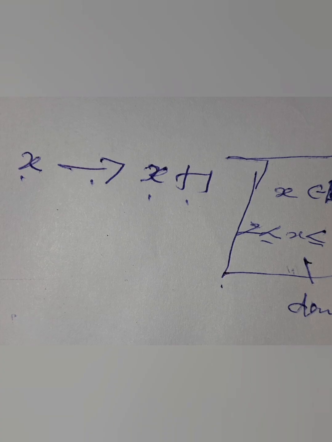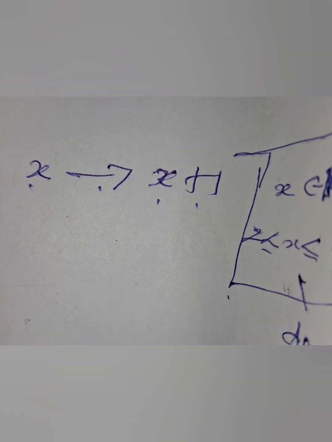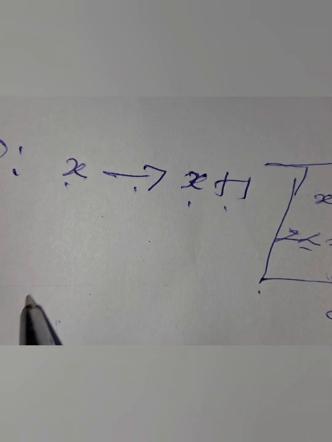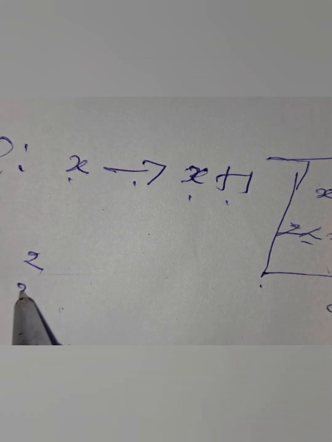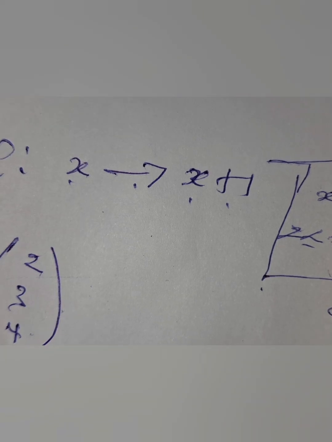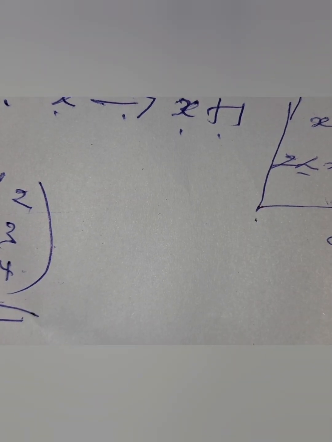Now, just taking the integers part, here we're going to have, let's say, 2, 3, and 4. All these numbers are valid to be input into the function f.